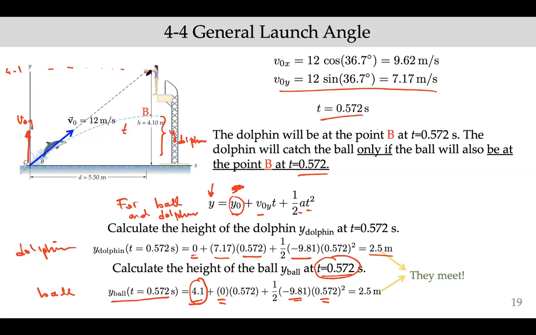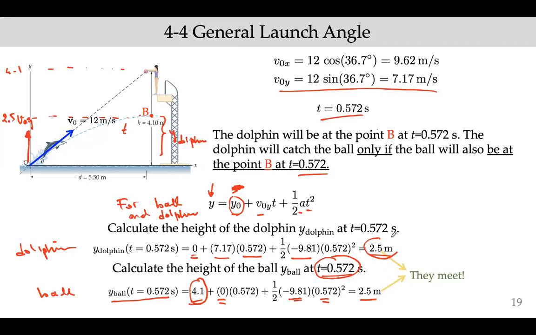It's not the distance that the ball goes. Remember, these formulas give you the position, not the distance traveled. So the position of the ball is 2.5. That means the ball is at 2.5 at this point. So now you can compare these two.